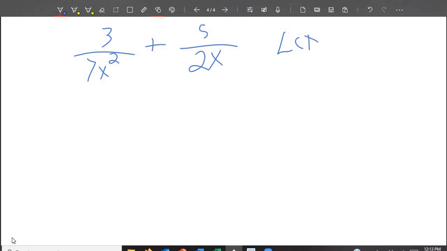Alright, let's say we had 3/7x squared plus 5/2x. Now remember, the common denominator must have everything from the first denominator.